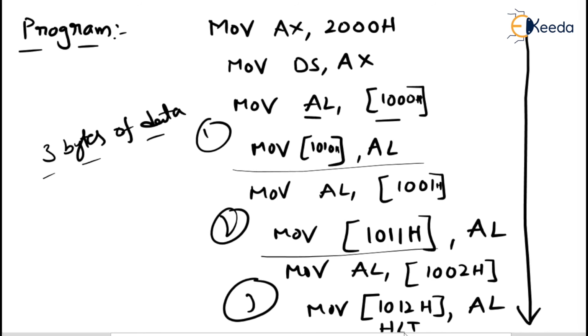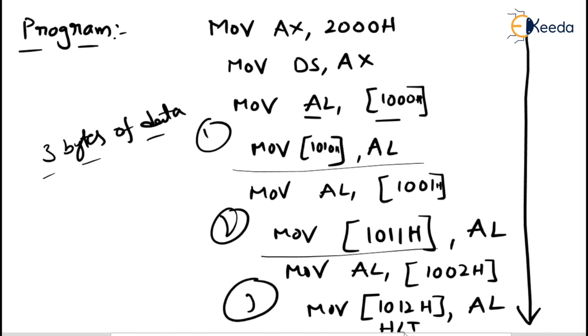In the 8086 microprocessor more than 20,000 instructions are there, please remember. So we have to use the instructions very efficiently, and we can reduce the program. In the next class I will explain how we can reduce the number of instructions.